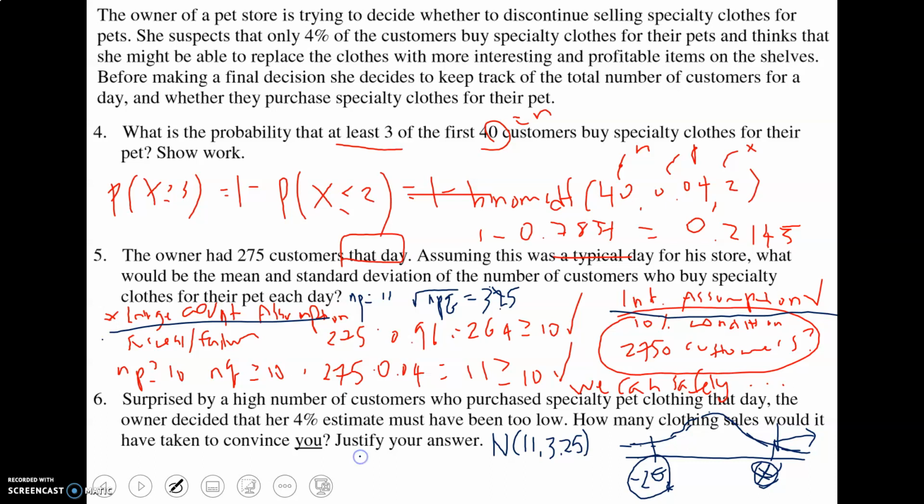So if this number is 17.5, after 17.5 you're going over 2 standard deviations. So I can say that if you saw more than 18 clothing sales, then I can assume that 4% must have been too low, right? Because it would actually be more than 4% to make it true. All right, that's it.